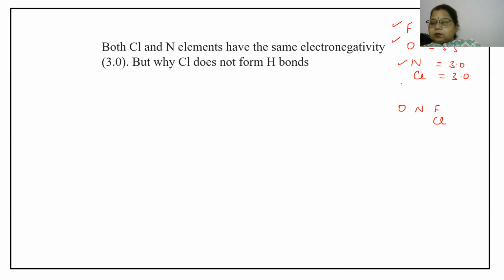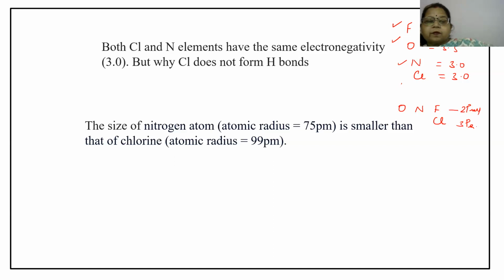Of course, as we go down the group, the size increases. So these are members of the second period, and this is a member of the third period. Size of chlorine will be larger than that of nitrogen, right? That is the reason it does not form hydrogen bond, right?